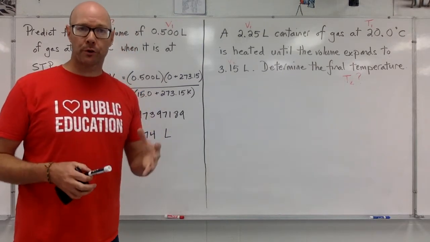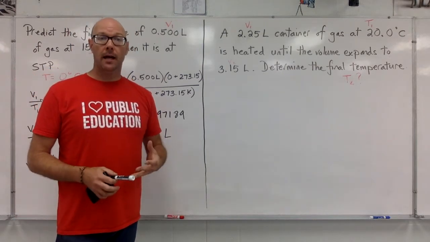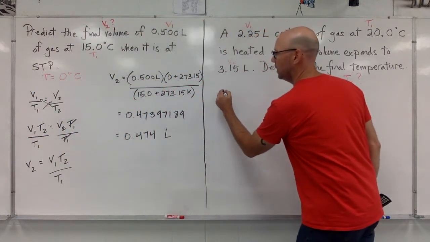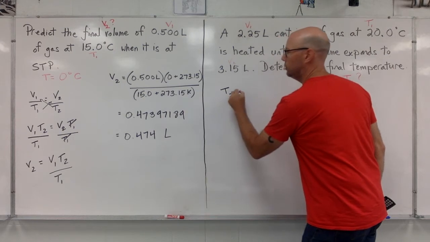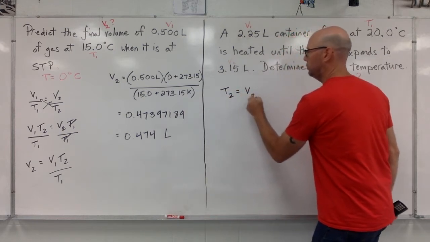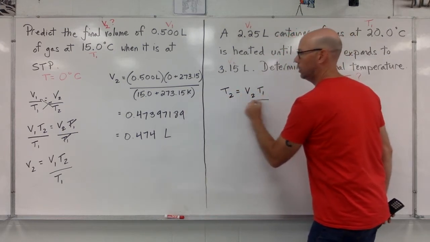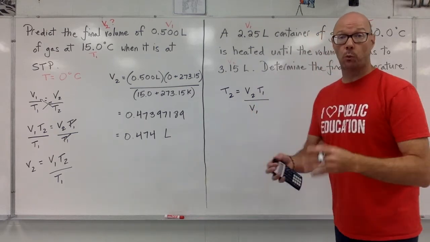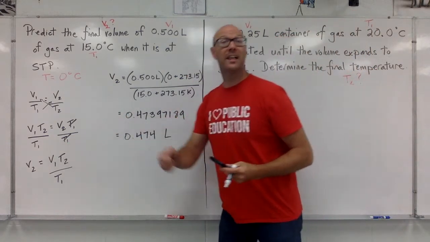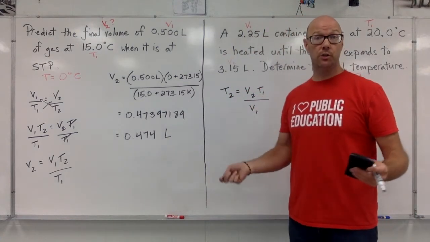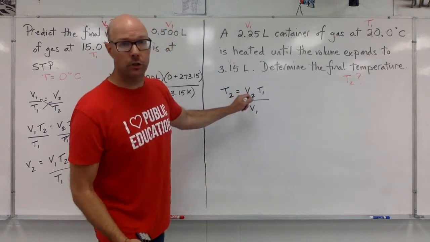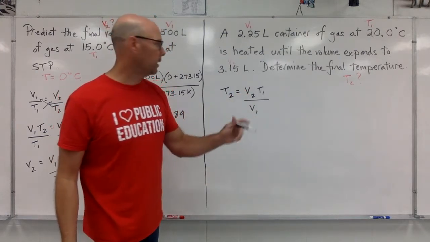I might work through my manipulation to arrive at the formula. T2, it's V2 T1 over V1. If you need to take your time to work that out like we did before, that's okay. Do what you need to do to get the answer. Now I'm substituting. V2, make sure I get that correct number in there.